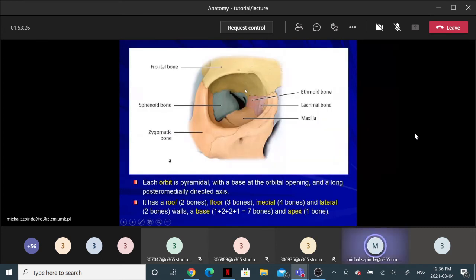And the orbit. The orbit looks like a pyramid, the base of which forms the orbital opening.